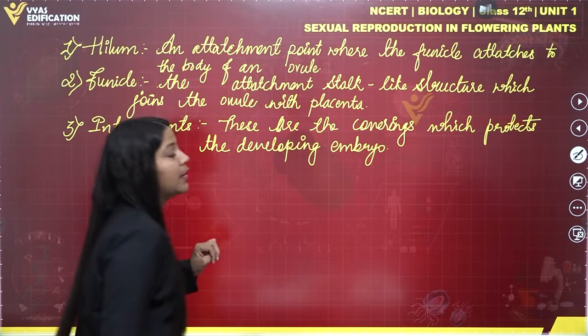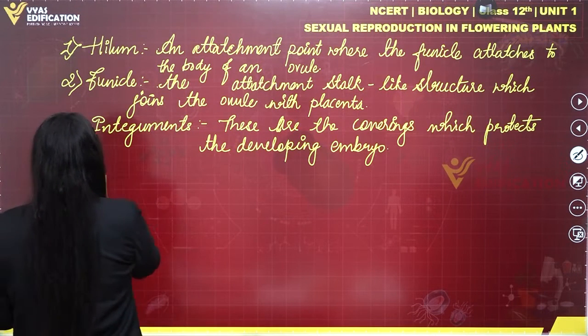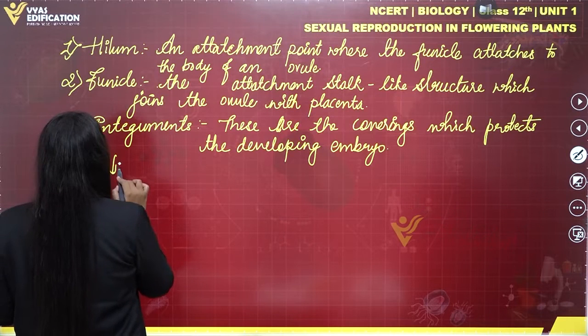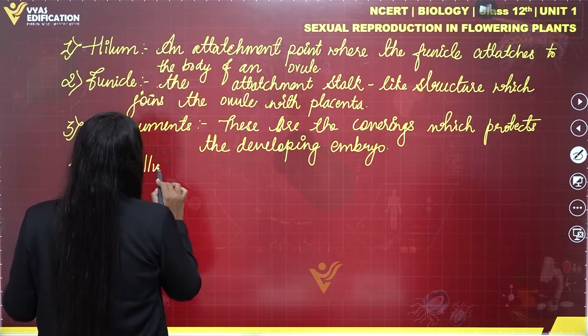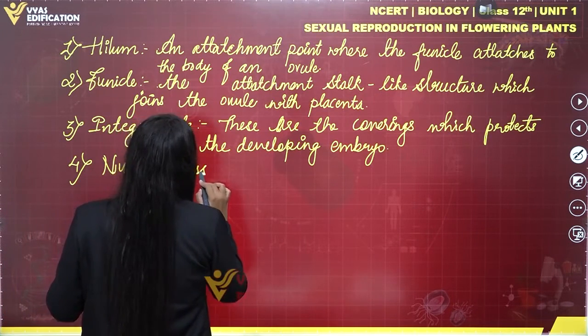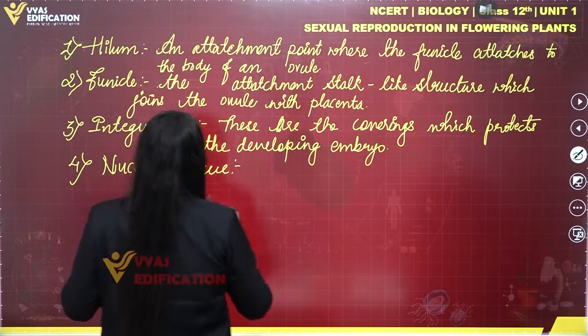The next part in ovule structure is nucellus tissue. What is nucellus tissue?